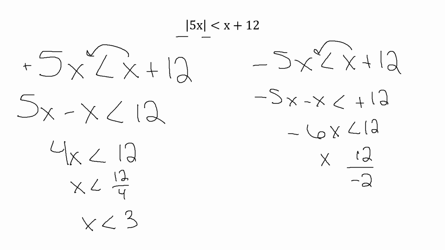I am going to divide by a negative 6. When I divide by a negative 6, the sign flips, and what I have is x is greater than negative 2. So we have 2 sets of information. We have x is less than 3 or x is greater than negative 2.